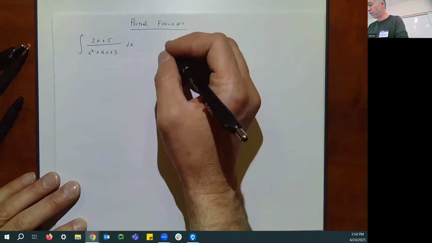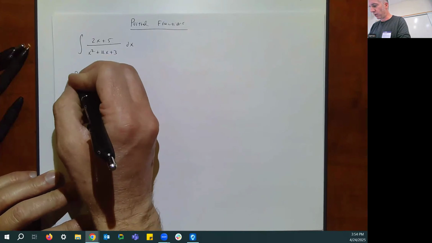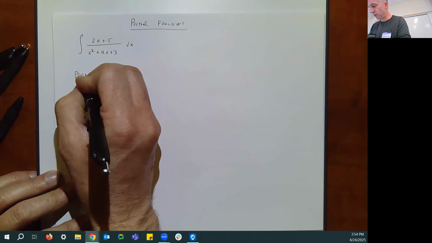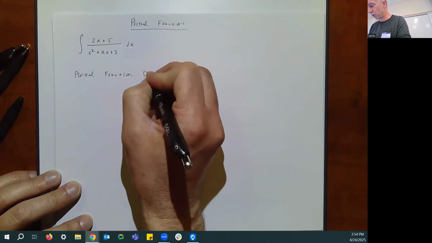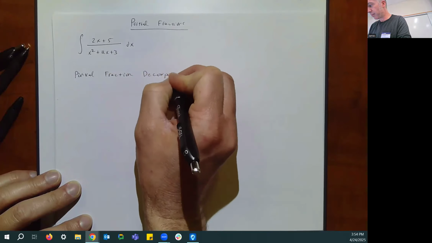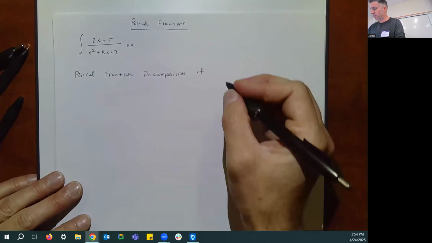So we're going to try partial fractions, meaning we're going to do a partial fraction decomposition of the thing inside our integrand.